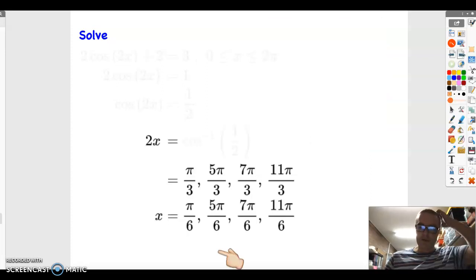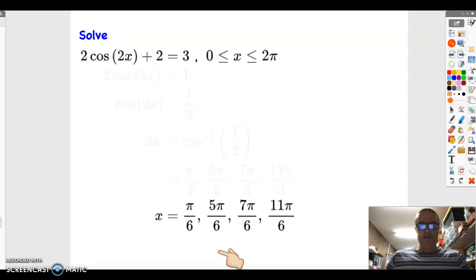We're solving for x, and so if my values were for 2x, I've now got to divide all of these by 2, divide every one of these 4 values by 2. In this case, it just changes the denominator to 6, and I can see the 4 solutions for the equation.